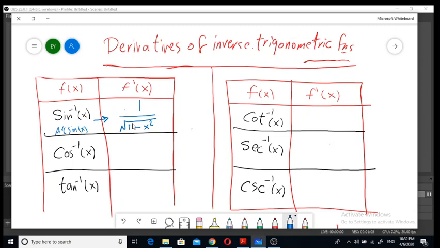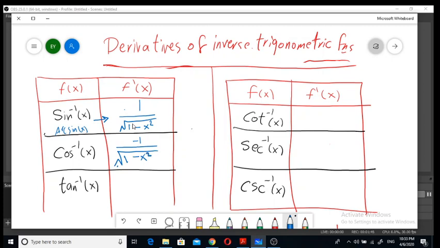And if we have the function cosine inverse of x, the first derivative of cosine inverse of x is like sine inverse of x, but we have negative 1 at the top: negative 1 over square root of 1 minus x squared.